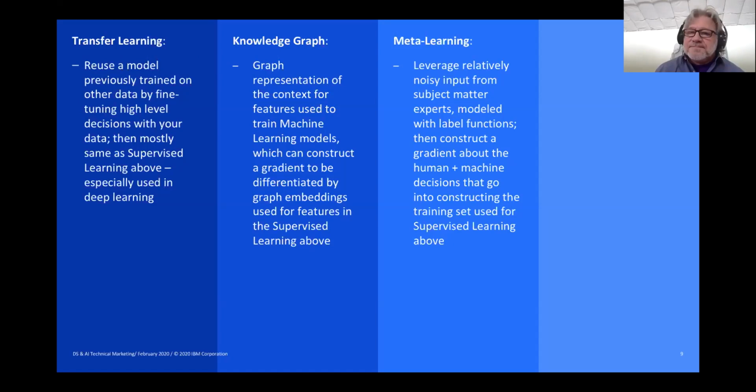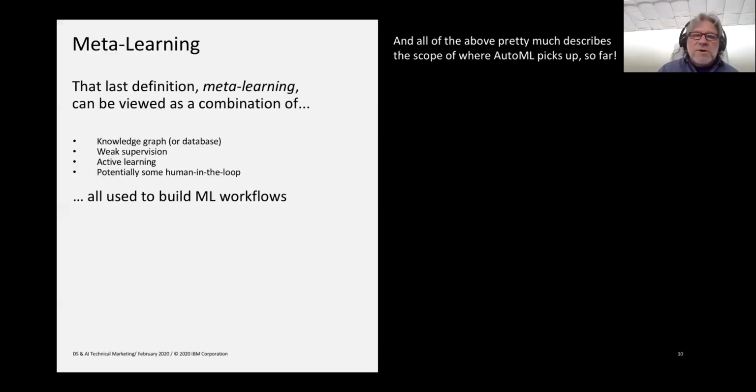Oh, and one last point, meta learning. And this is where you can leverage information about the data preparation, about the configuration, about the hyperparameters, and all this that go into, you can think of like an end-to-end lifecycle for machine learning. For building these ML workflows, can we capture that over time and effectively build up a knowledge base of what kind of work has gone into training machine learning models?